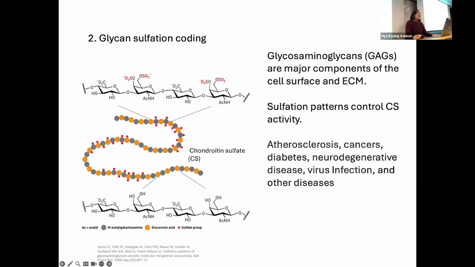Very recently, a very interesting study was presented on chondroitin sulfate, a type of GAG polyglycan.